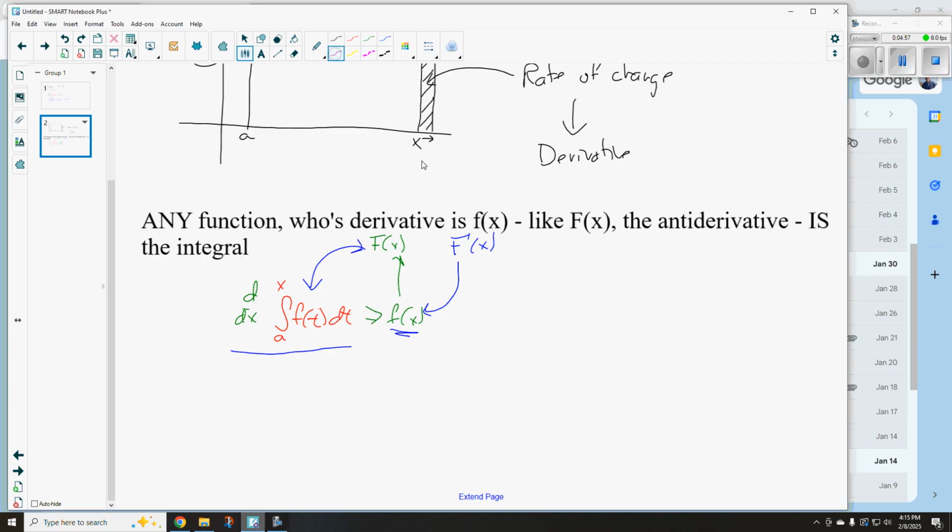Once again, the derivative with respect to x of big F of x is equal to f of x, and the derivative with respect to x of the integral from a to x of f of t dt is also equal to f of x. So these two things are the same.